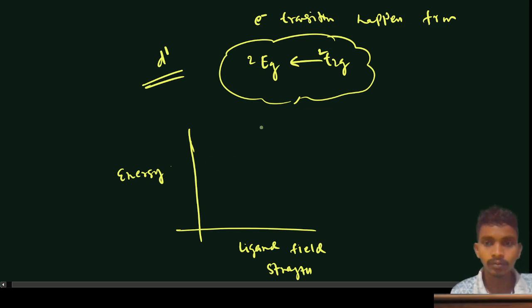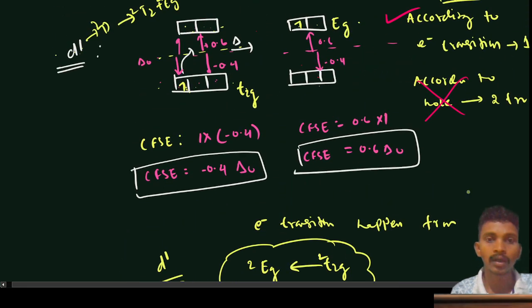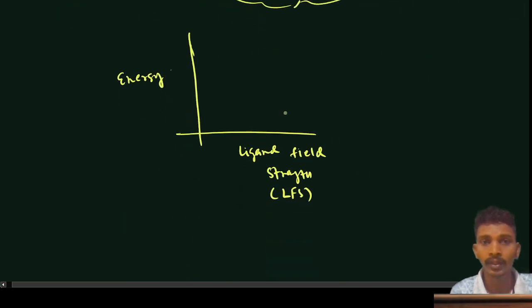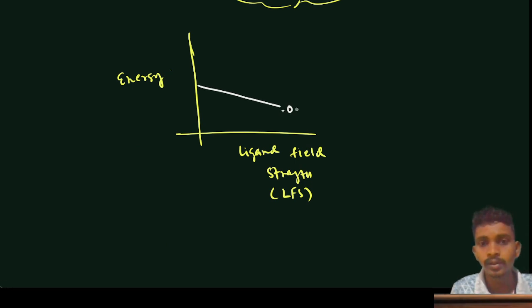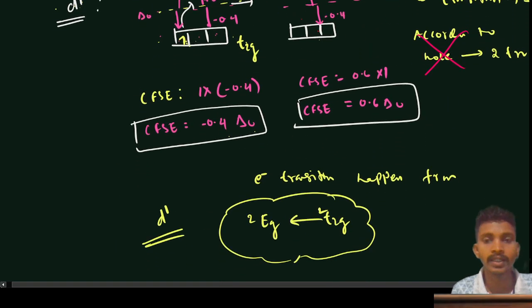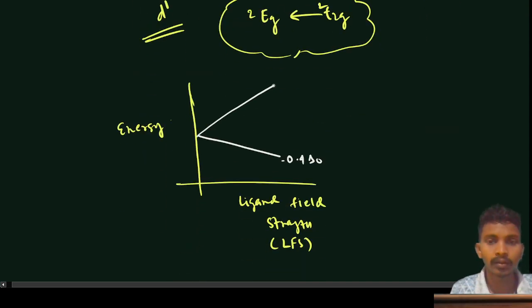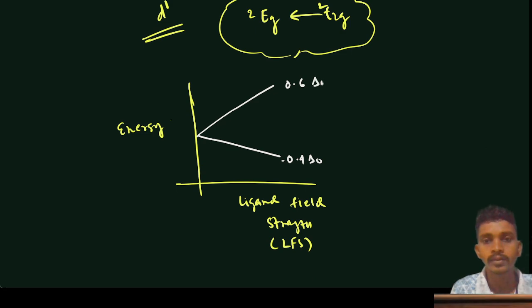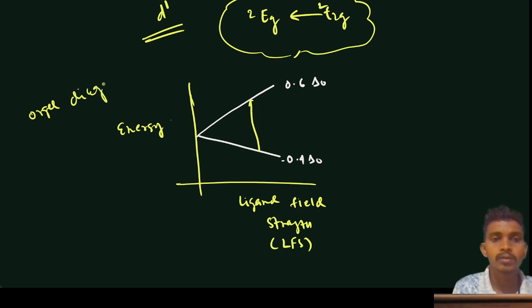We look at the CFSE: one is minus 0.4 delta naught, another is 0.6 delta naught. The electron transition happens from this to this. So this is the Orgel diagram for D1.